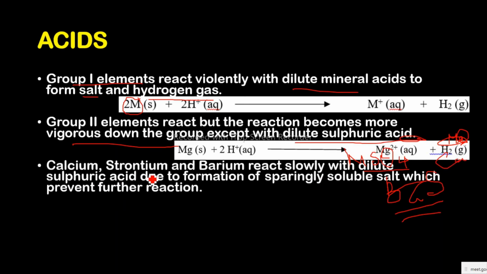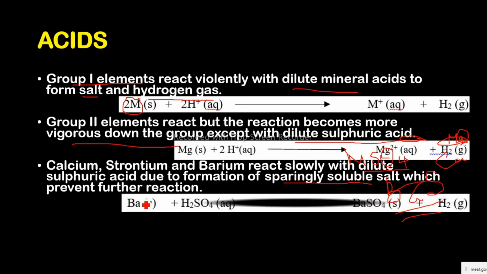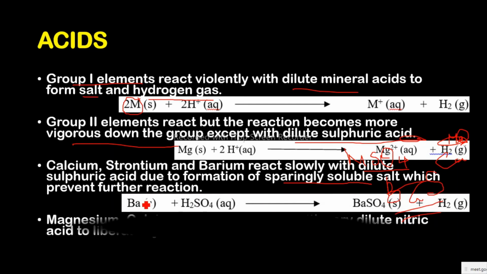Now calcium, strontium, and barium react slowly with dilute sulfuric acid due to the formation of a sparingly soluble salt that prevents further reaction. It is as simple as that, and that is your equation.